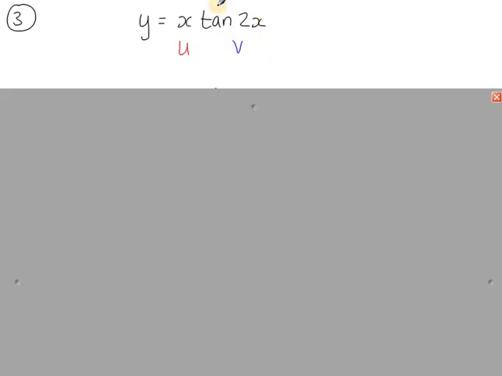Example 3, differentiating x times tan 2x. So we have a product of two functions of x. So we've got x and tan 2x.